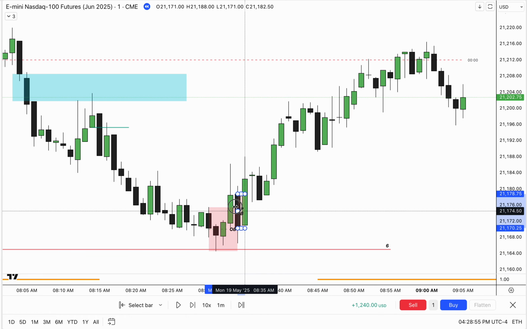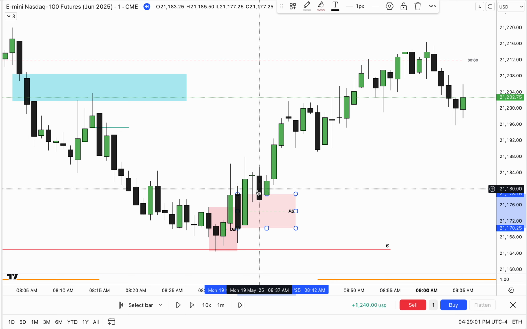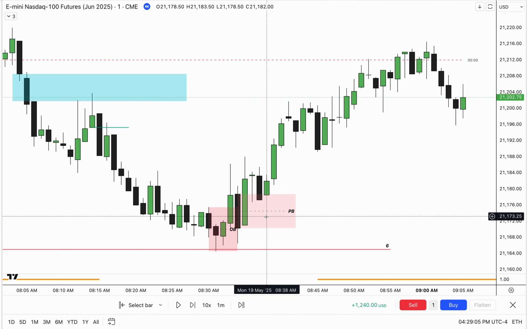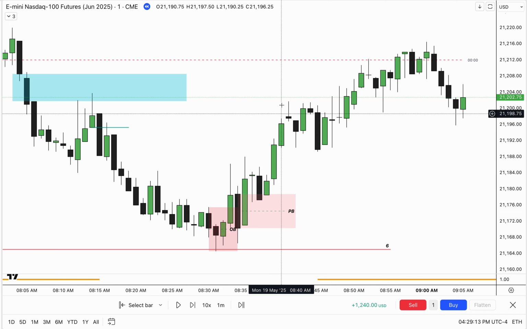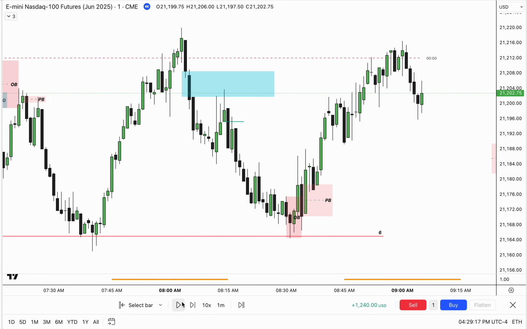Propulsion block right here. Next candle, we come down, tap the top, responsive, close down below the top, 50% remains untapped, unchanged, not even traded to, which happens a lot. Next candles, we run away, and the buy program starts.